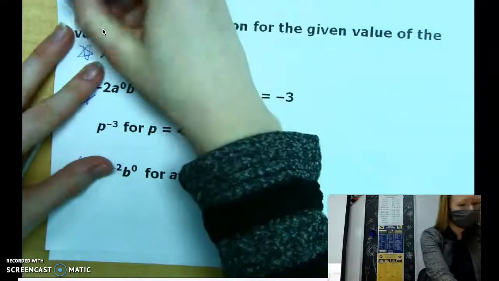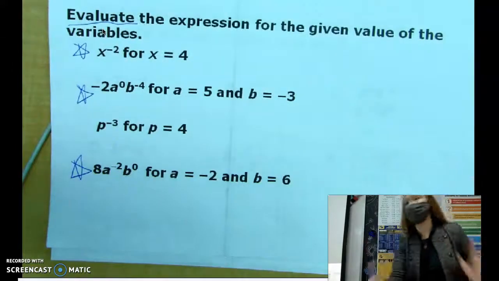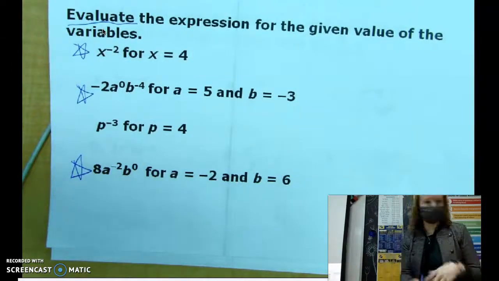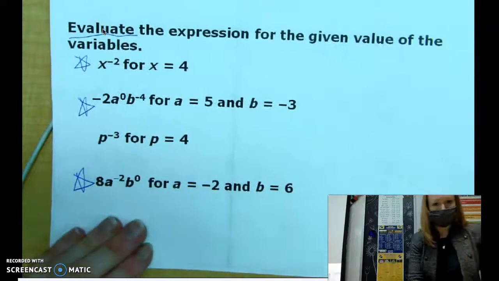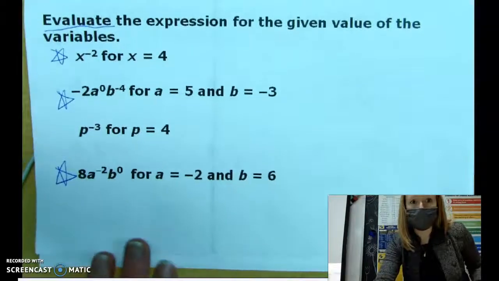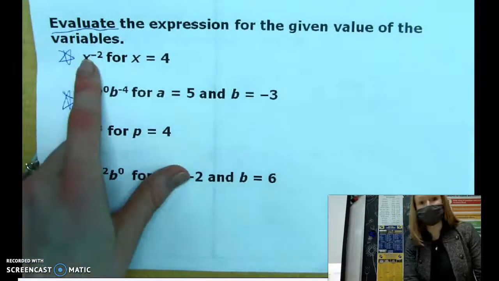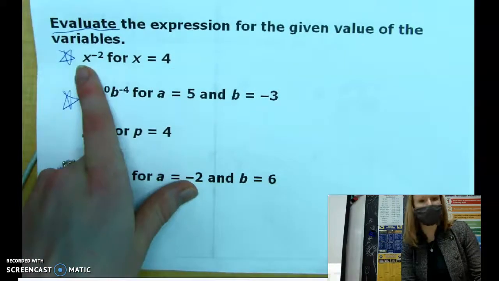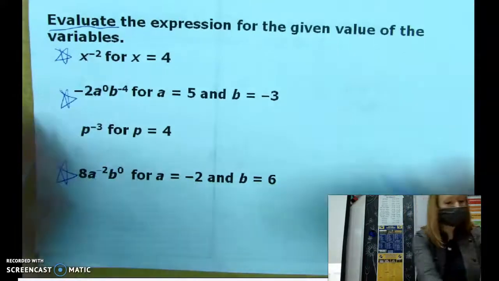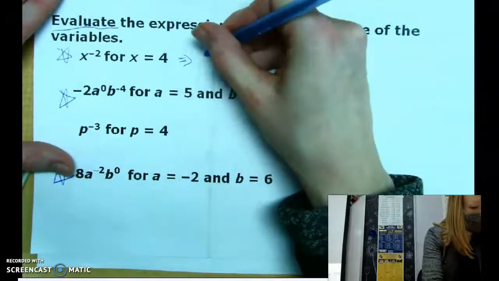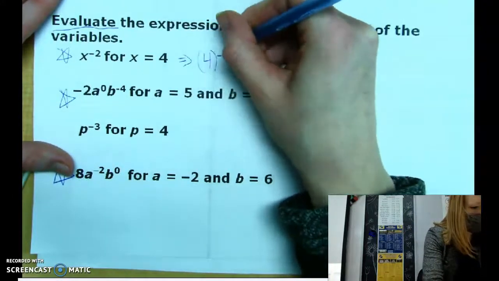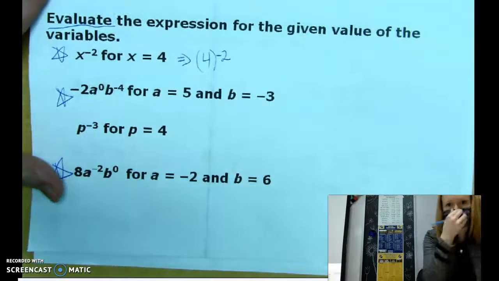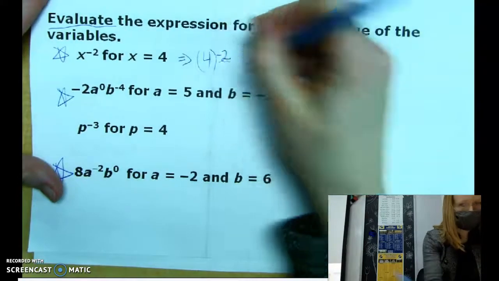So remember, this word evaluate basically just means plug the number in and simplify it as far as you can, right? So there's two different ways to talk about this question. You could either simplify the exponent and then plug in the 4. Personally, I like to plug in the 4 and then simplify. So that's what I'm going to do. I would plug in 4 for x. And I have 4 to the negative second power.